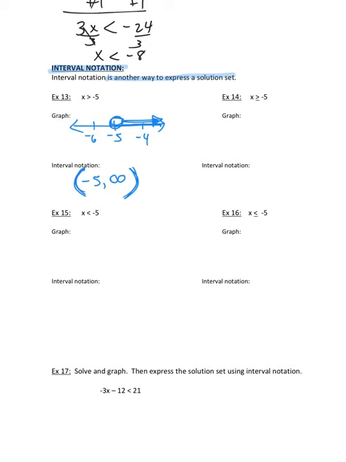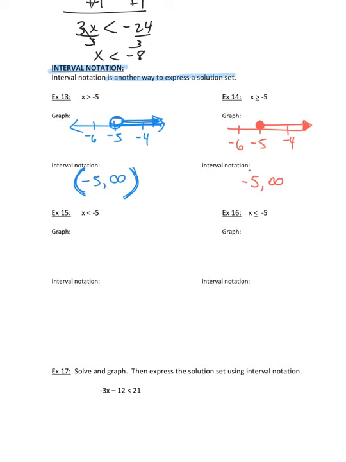Okay, now if you look next to this, to example 14, I made it almost identical. It's x is greater than or equal to negative 5. So on my graph, I would see the same thing, only I would see that negative 5 is colored in to say that x could actually be negative 5. Right? So in interval notation, my value of x could be any number from negative 5 all the way to infinity, but this time I want to say that I'm including negative 5.